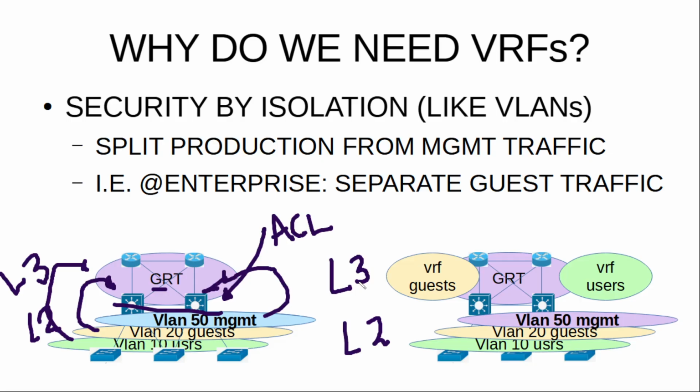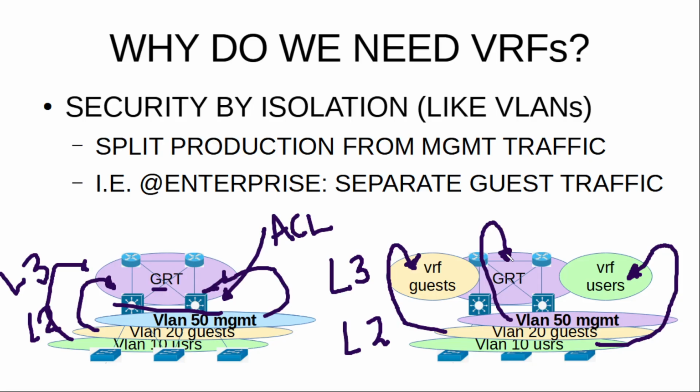So with VRFs, you are able to make some traffic that belongs to some VLANs land into a particular VRF, and some other traffic that belongs to another set of VLANs land into a separate VRF. And you can also make the choice to make some traffic that belongs to some VLANs land into the plain old vanilla routing table that we have been working with for years, which we are going to call the global routing table.